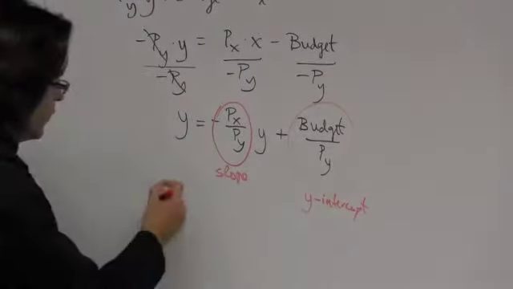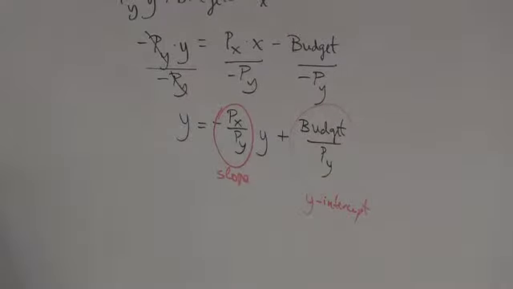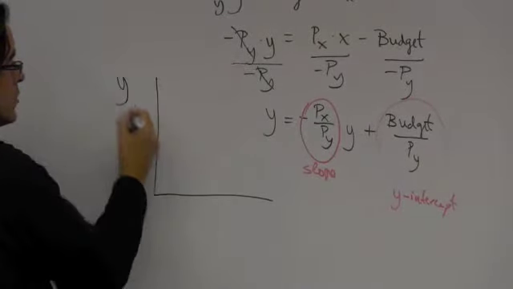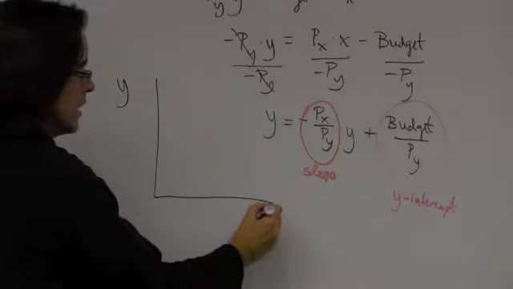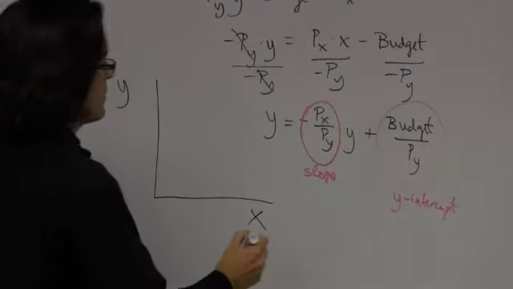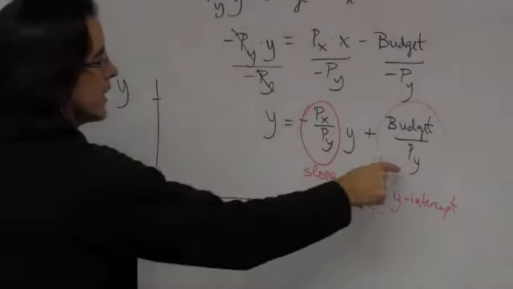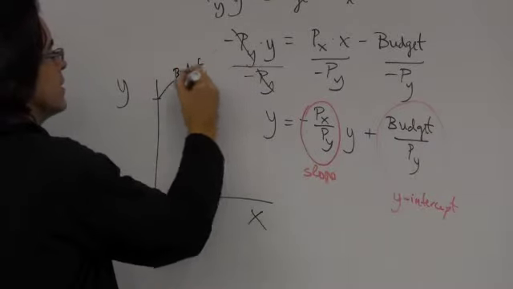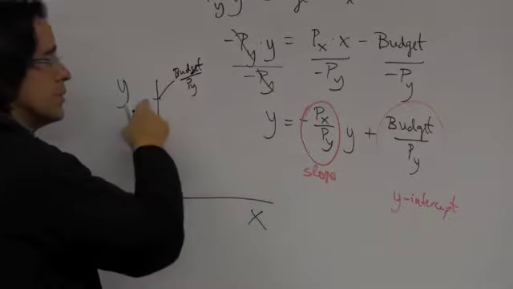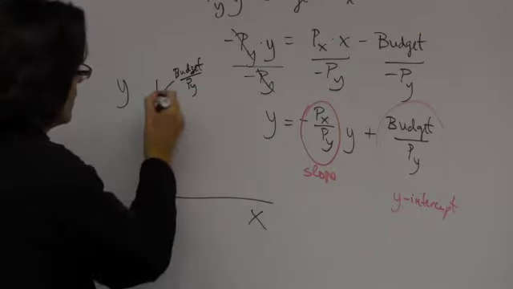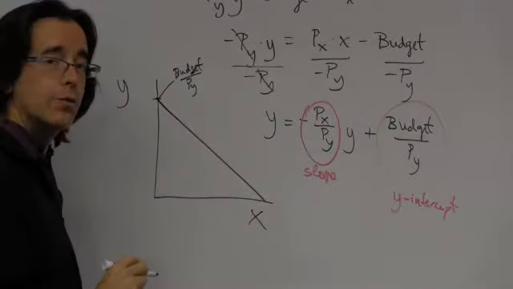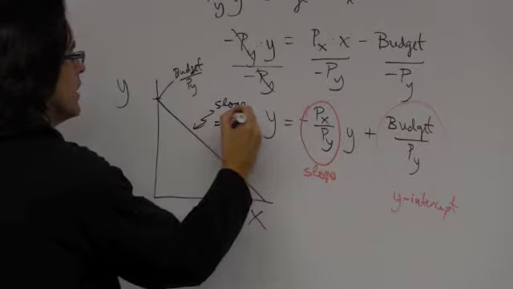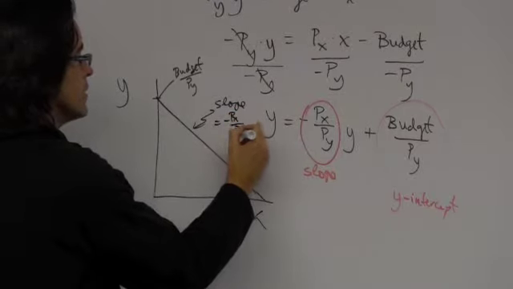Okay, so if we were going to quickly graph this budget line, we have Y on the vertical axis and X on the horizontal axis. What we would see here is that the Y-intercept is the budget divided by Py, which gives us those physical units of Y. We have this downward sloping line, and the slope would equal negative Px over Py.